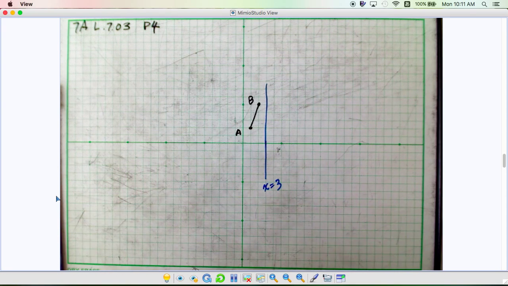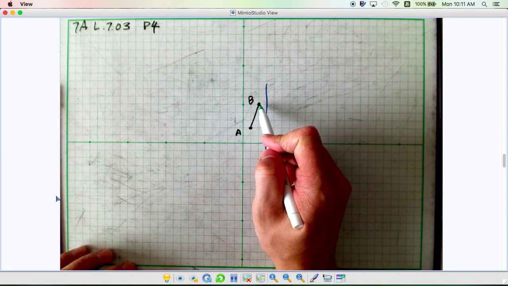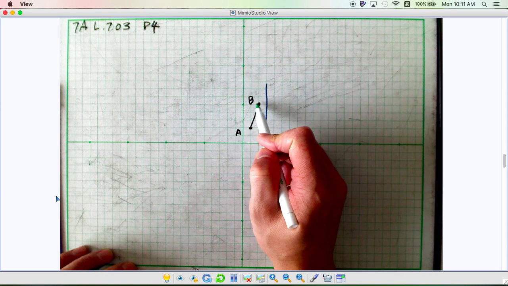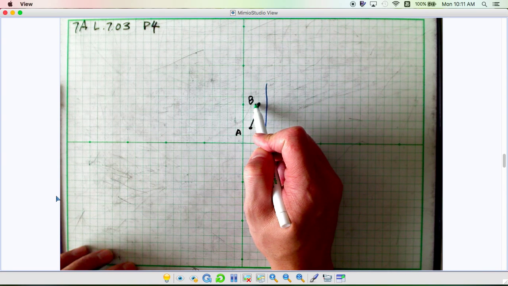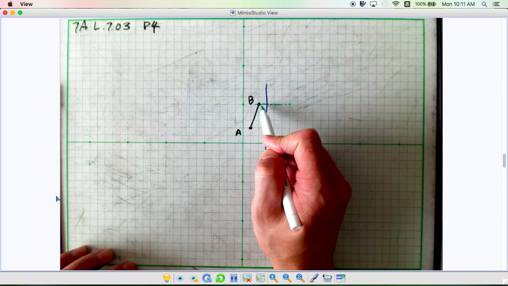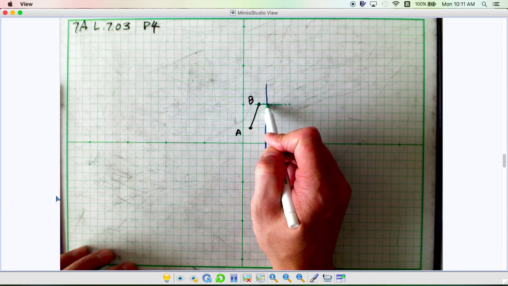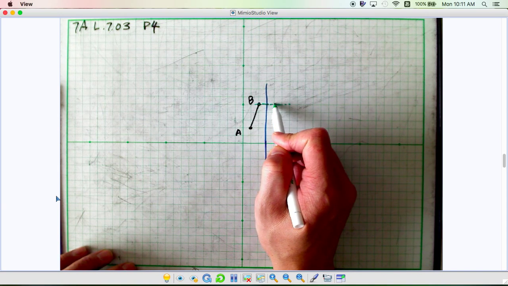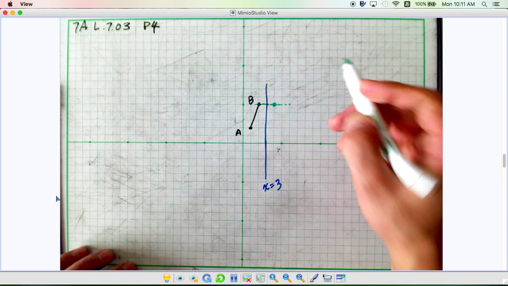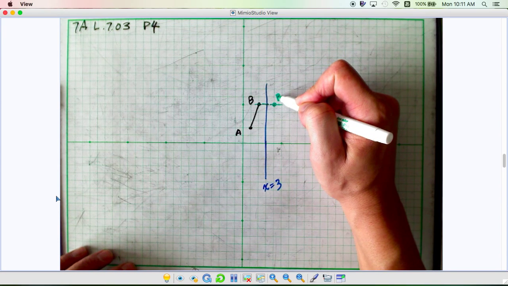You just go straight to the line, meaning perpendicular to the line, and take the same space. So B prime should be on this line with the same space. B has one space to the line, so you go one space from the line. So this will be B prime.